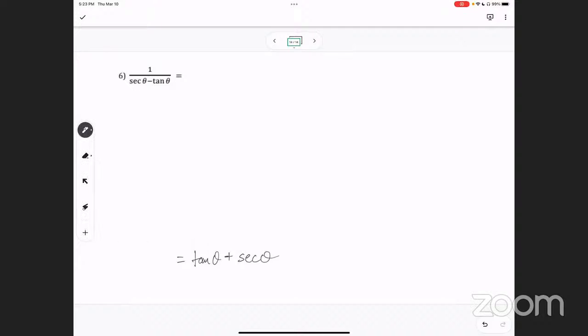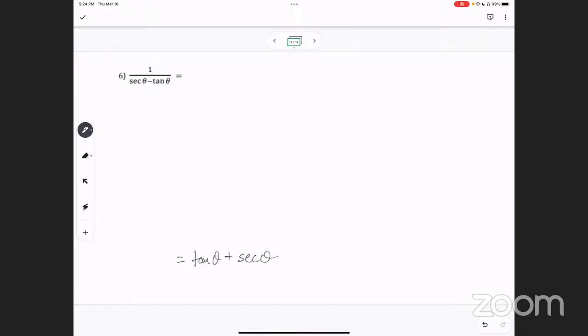All right. What first? It's actually a trickier one. Let's see. The first thing I technically could do is multiply the bottom to get secant minus tan.